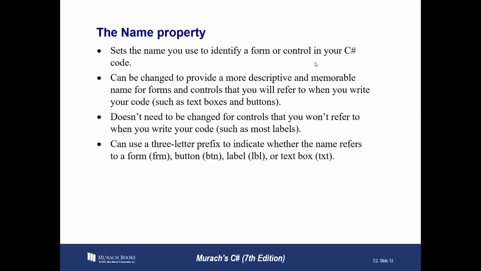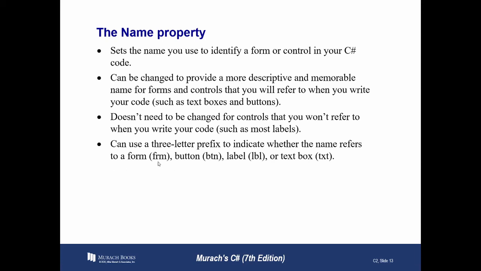Okay, but at the end of the day, the most important part is this final bullet here. It says you can use a 3-letter prefix to indicate whether the name refers to a form, button, label, or a text box. And let me be absolutely clear. You should do this and you should follow these conventions.